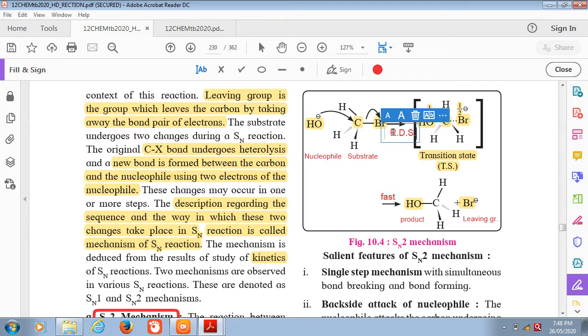So RDS means rate determining step, and the slow step is always the RDS. And in the fast step, there is complete breaking of the carbon-Br bond and at the same time complete forming of the C-OH bond, which gives your product, that is methyl alcohol, and the leaving group as Br minus.